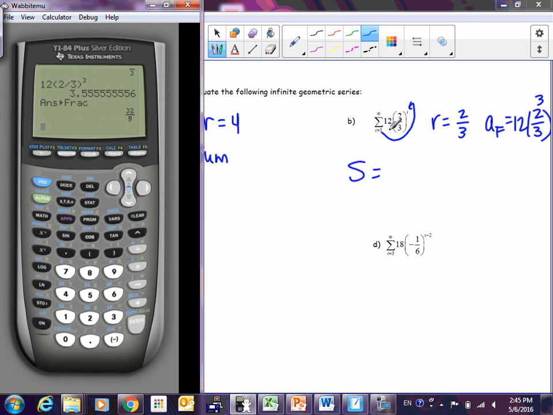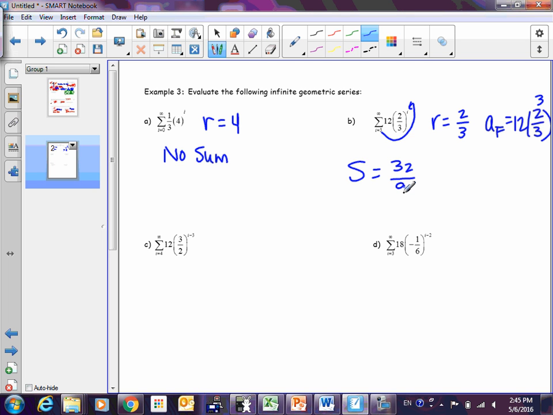So 32/9. That's our first term over 1 minus r. Remember, it's our first term divided by 1 minus r.